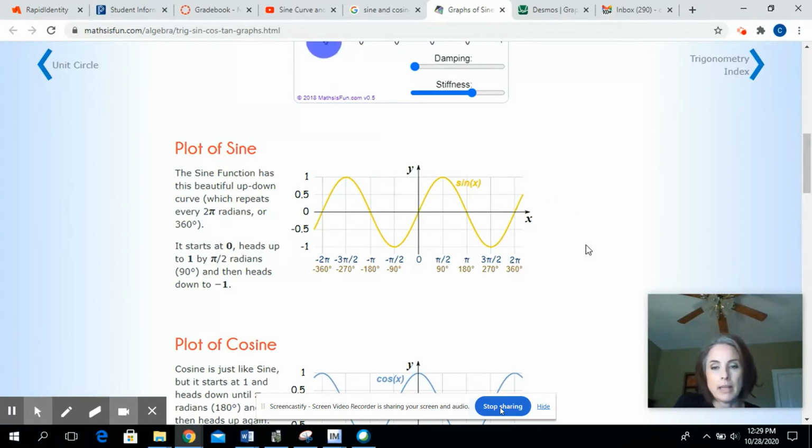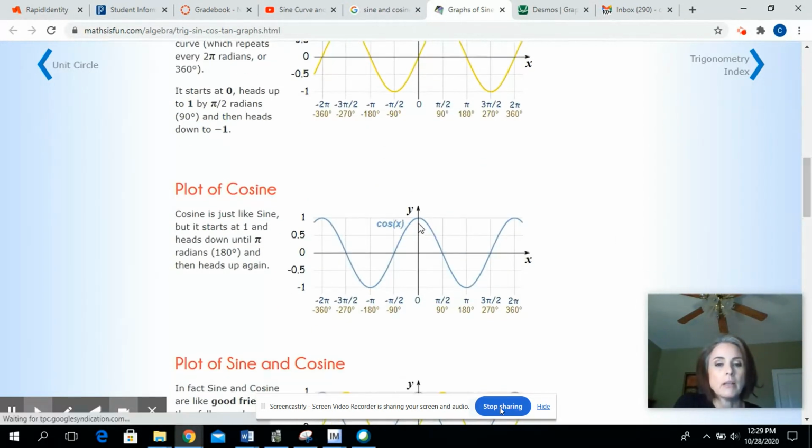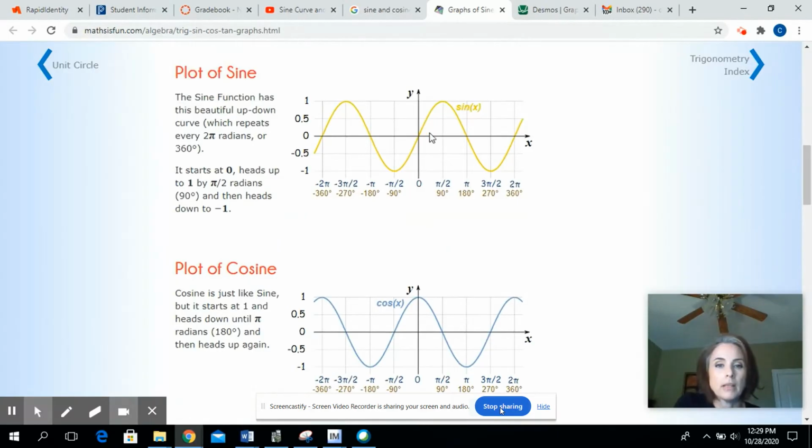It'll repeat that same snake-like pattern. But for cosine, the cosine of 0 actually is 1. So at 360 degrees, it'll look like that. So we'll call sine like a snake right here.